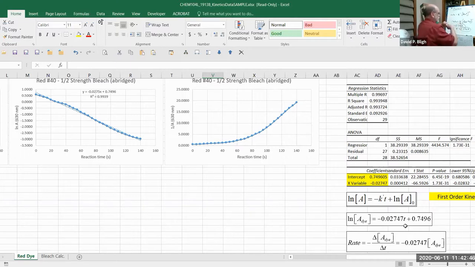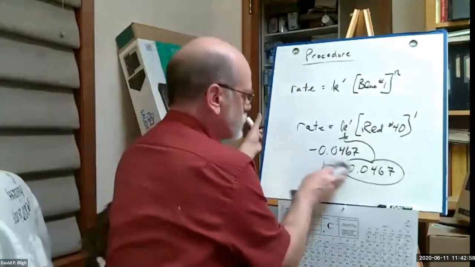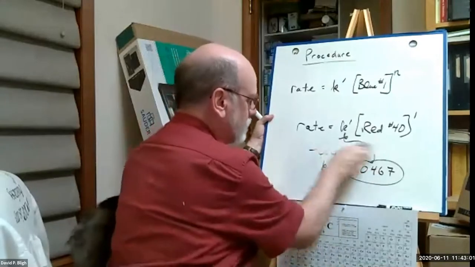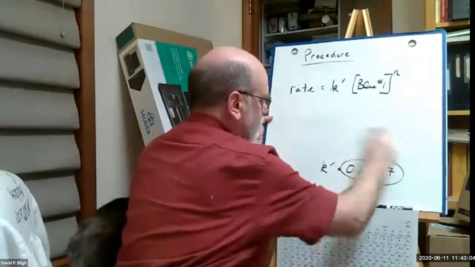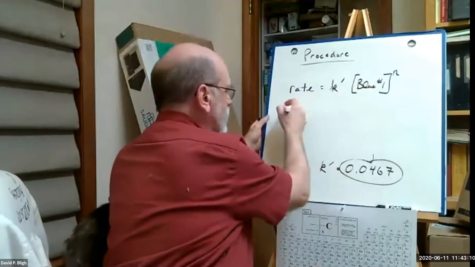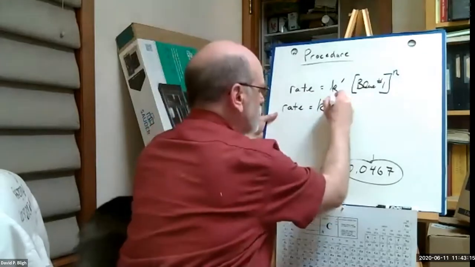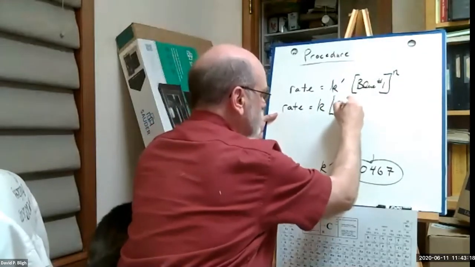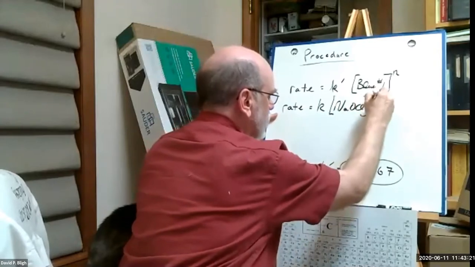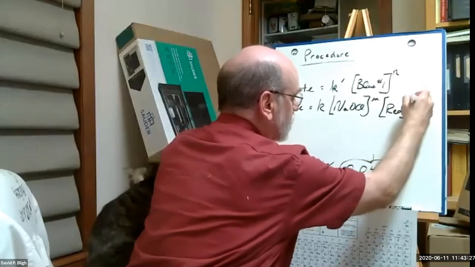Why is that? Well, let me unshare that. Okay. So the first K prime is 0.0467, and the rate law was originally actual K times sodium hypochlorite to the M, and then in this case red dye to the first power.